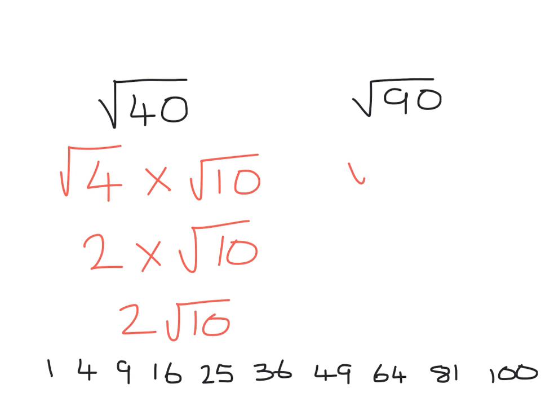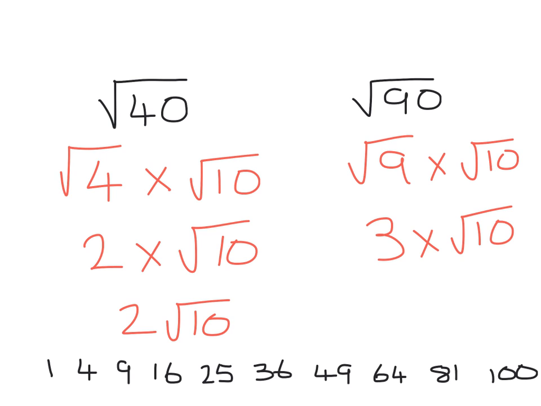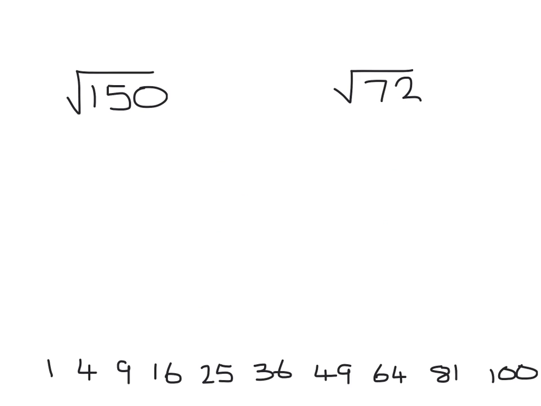Root 90 would be root 9 multiplied by root 10. The square root of 9 is 3, so it's 3 multiplied by root 10, which is 3 root 10. Now here we've got a slightly bigger number in 150.